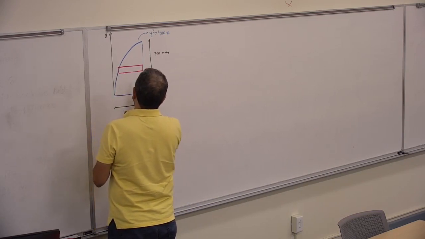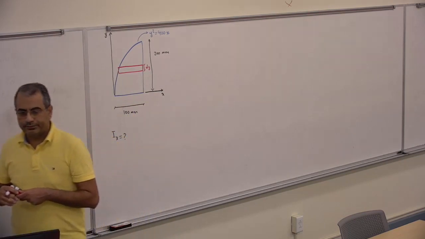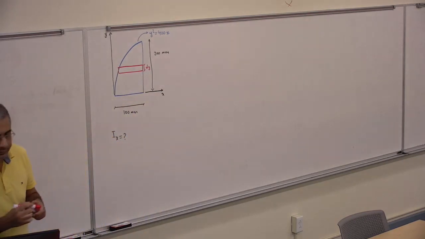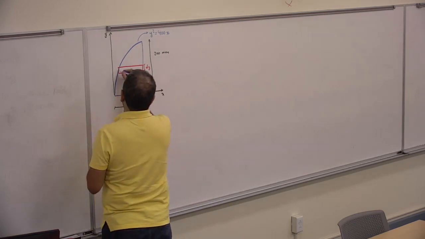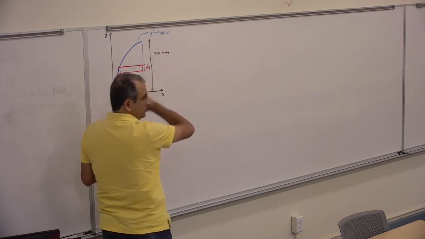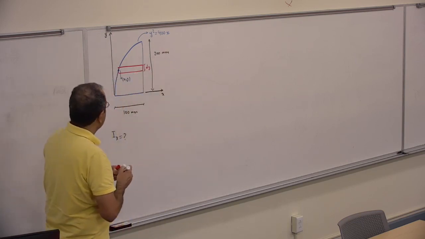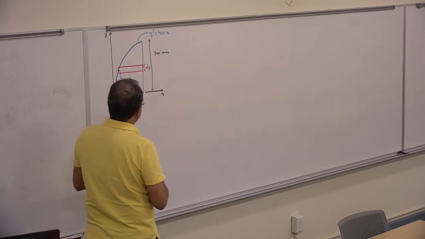That's my dA. So this is the dy. The coordinate for this point is x and y, because it's on the curve. So now I want to find the dA.